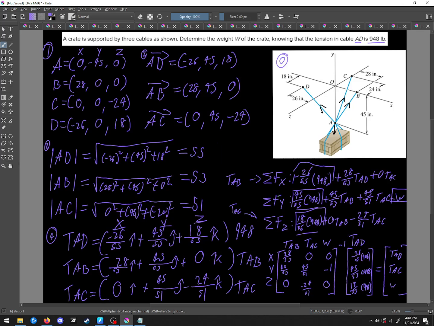Okay, yeah, no, that gives me the correct W now. So W equals 2077.59. That's W.